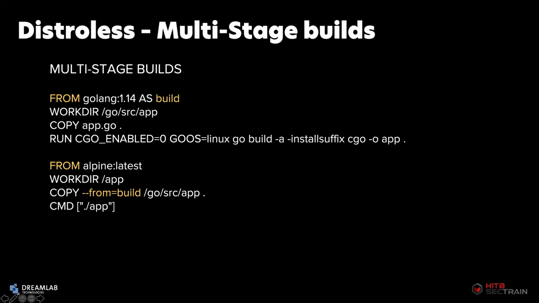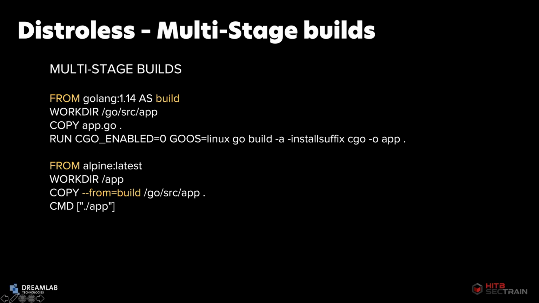So we can make use of multi-stage. Every FROM statement in a multi-stage build is a new image. So in this Dockerfile, we compile and build the application. And with the COPY command here, you can see that I can copy the output of the compilation from the previous stage, using this --from=build, or the name that we use here.